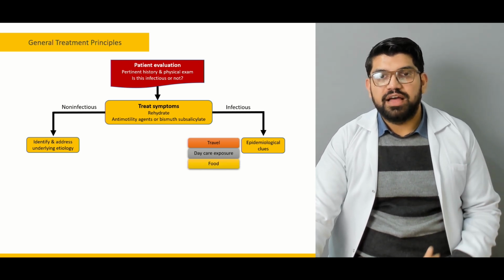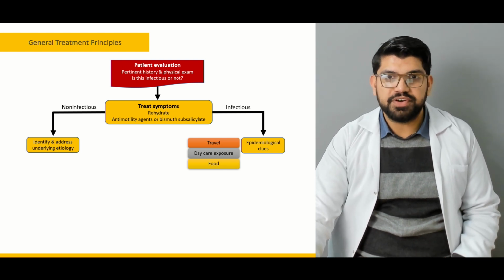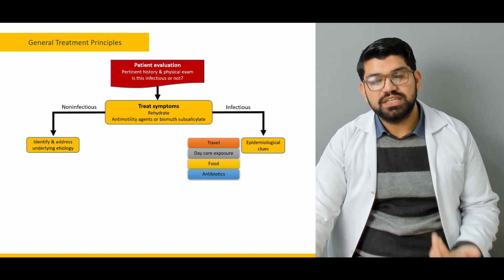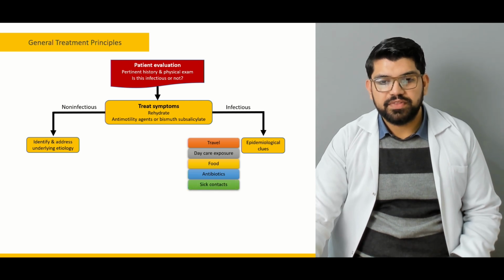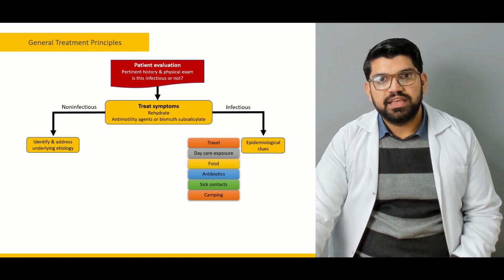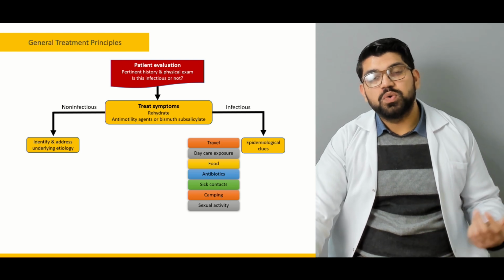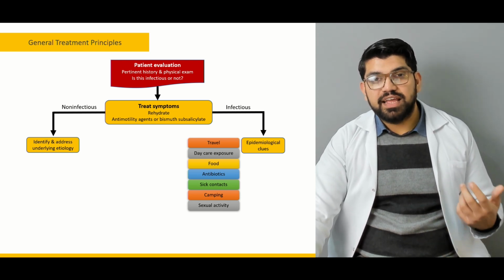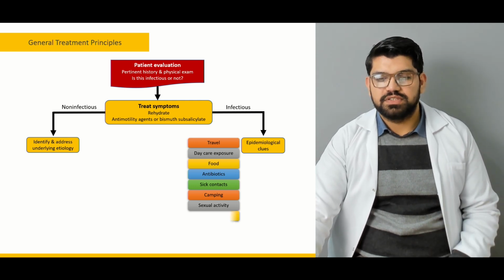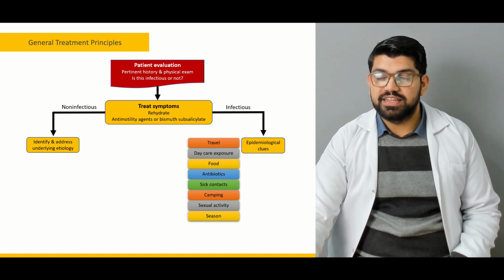Foodborne: food from outside, reheated rice, especially Vibrio cholerae. Antibiotic-associated Clostridium difficile can cause diarrhea. Skin contacts. Camping can cause diarrhea. Sexual activity, patients who are immunocompromised. Sexual contact with immunocompromised patients can cause diarrhea. Seasonal: viral etiologies are the most common and seasonal.